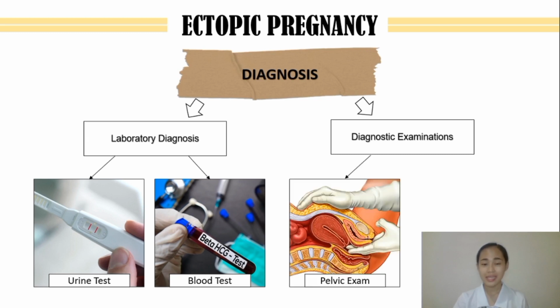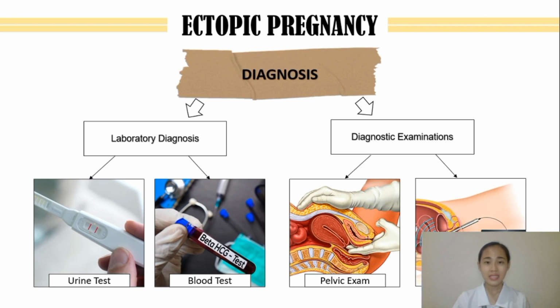For diagnostic examinations, the physician will likely do a pelvic exam to know the size of the uterus and feel any growth or tenderness in the belly, and a transvaginal ultrasound to confirm pregnancy and to know the exact location of the pregnancy.